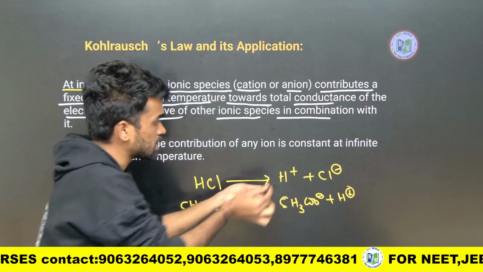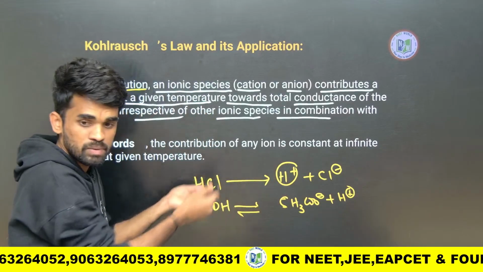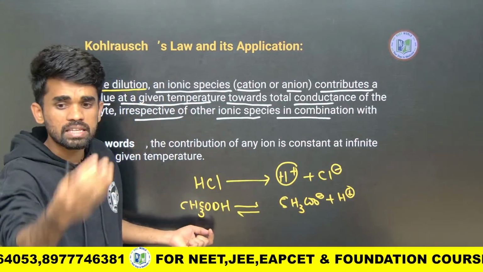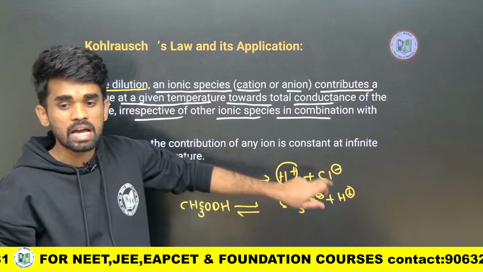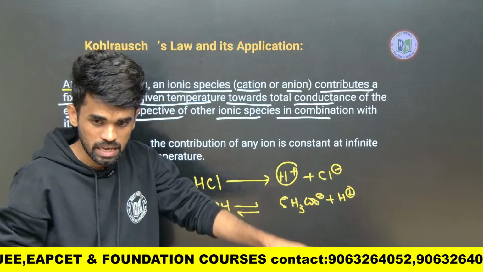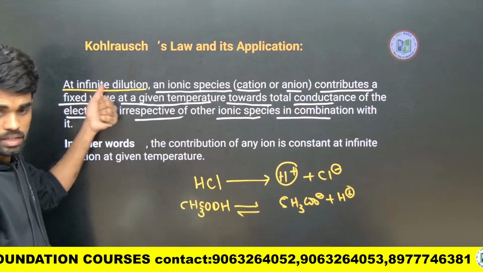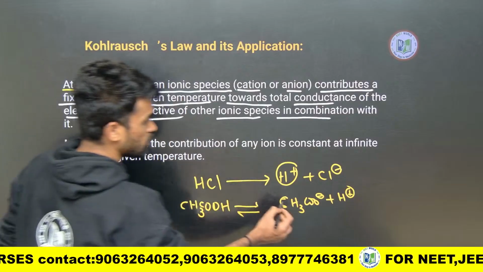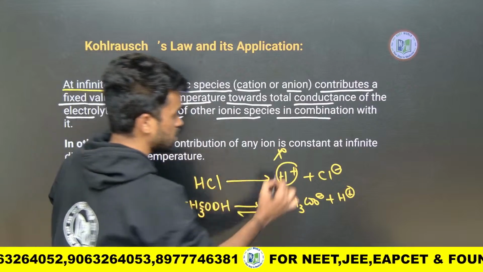Whatever the source the H plus ion originates from, whether HCl, acetic acid, sulfuric acid or any other species, the ionic conductance of the H plus ion will always be fixed at infinite dilution. The same goes for Cl minus.